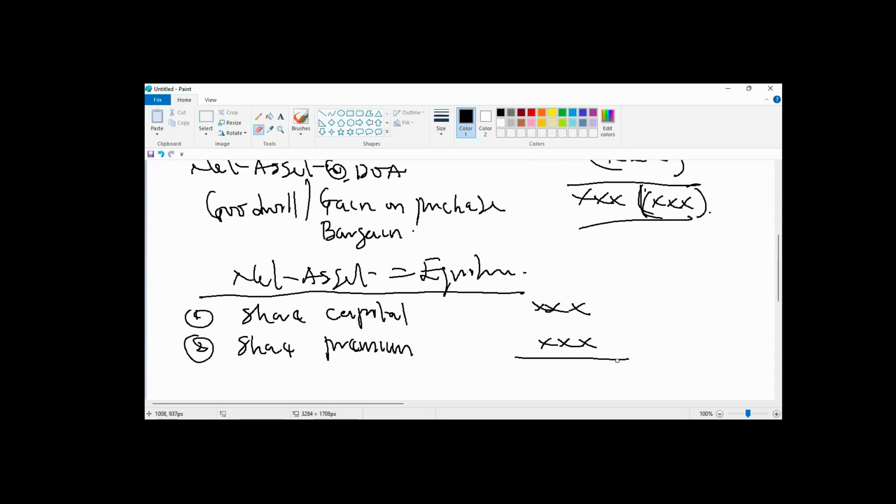Other components of equity. Then we have 3, retained earnings.